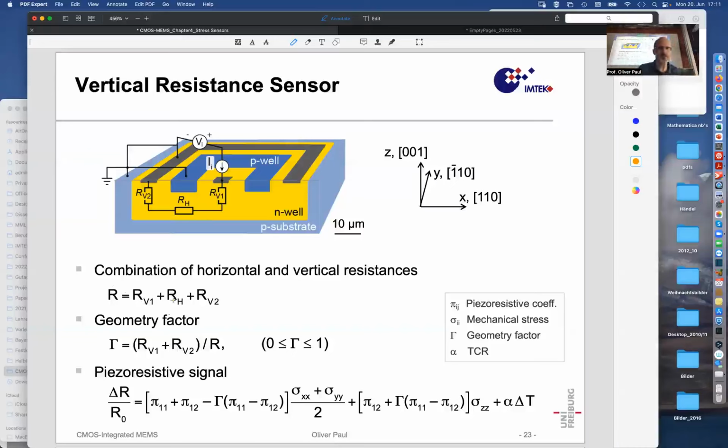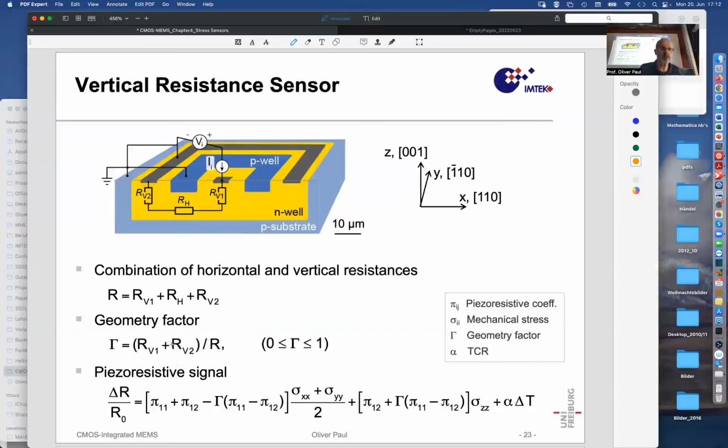a resistance composed of 3 resistors, and the change of the resistance, delta R, under an arbitrary situation with sigma ZZ and sigma XX plus sigma YY, can then be extracted as this formula that you see here that has piezoresistive coefficients and a geometry factor gamma that somehow says how large the vertical component is in comparison with the complete resistance of the structure.